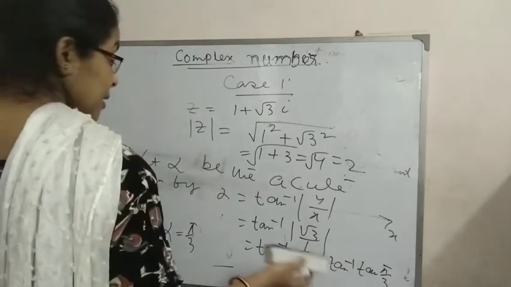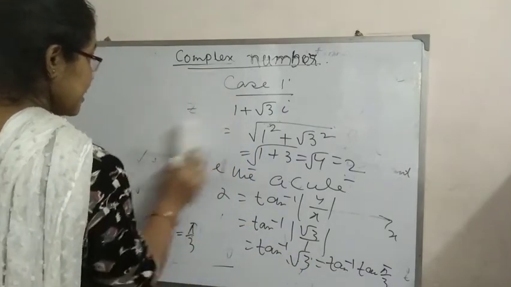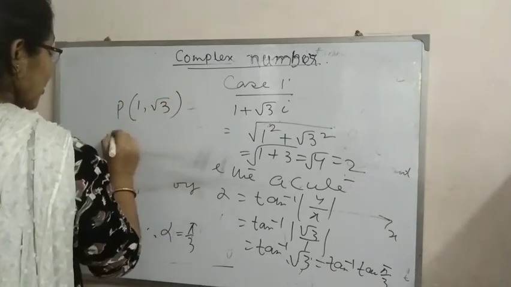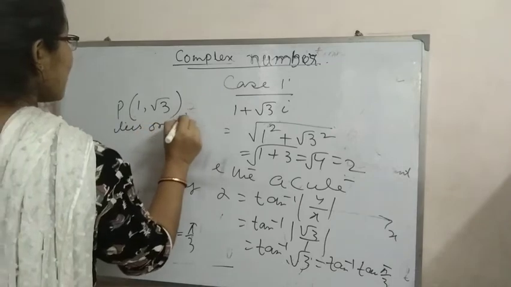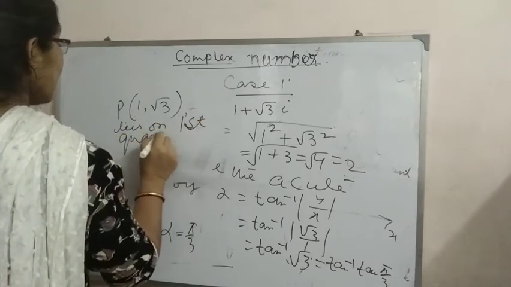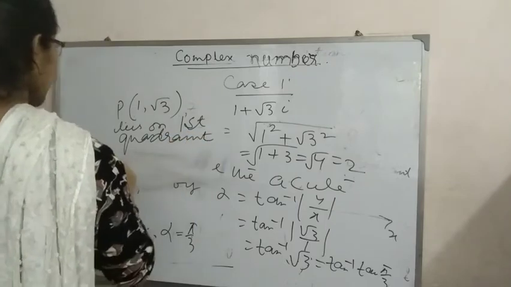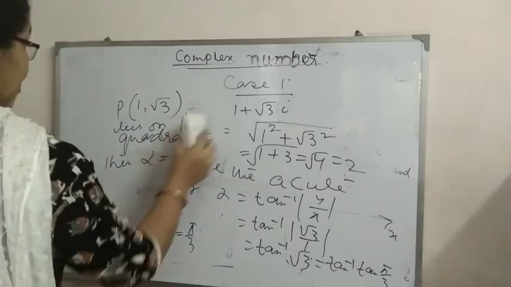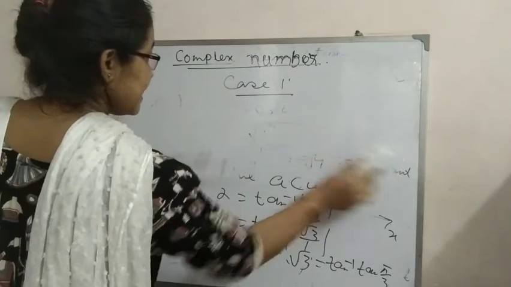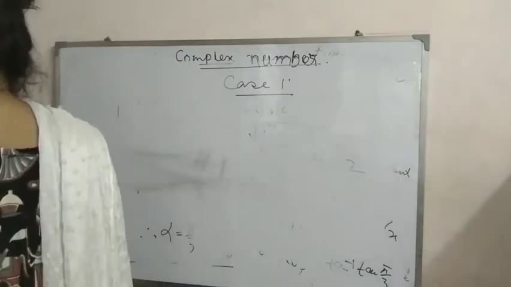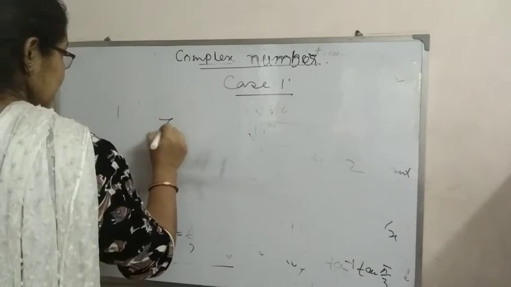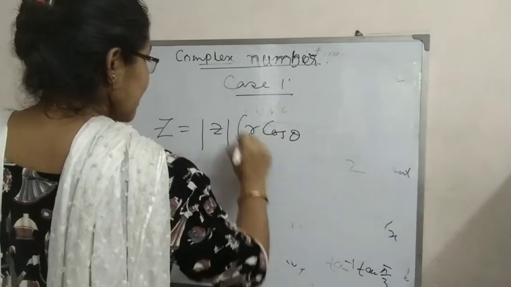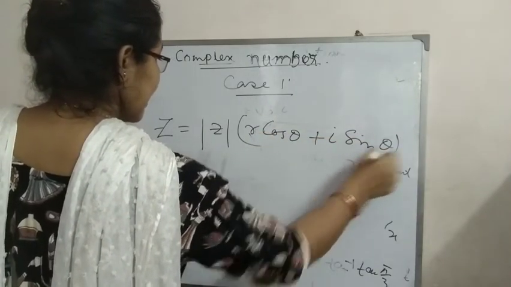Since here the point P, that means 1 and root 3, both are positive, it lies in the first quadrant, so alpha equal to pi by 3. The modulus-amplitude form of z equals mod z times cos theta plus i sin theta.